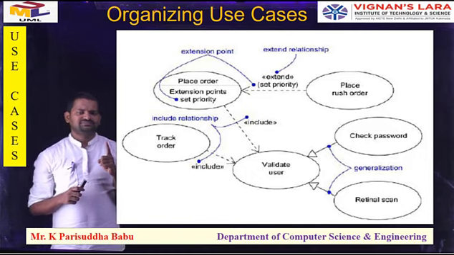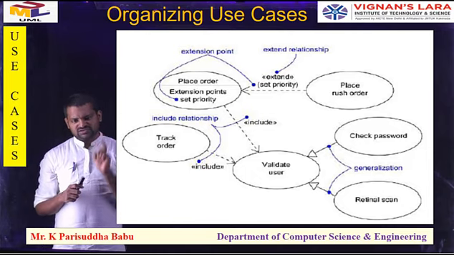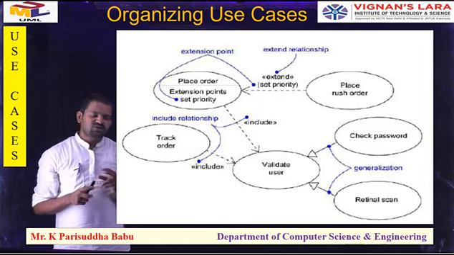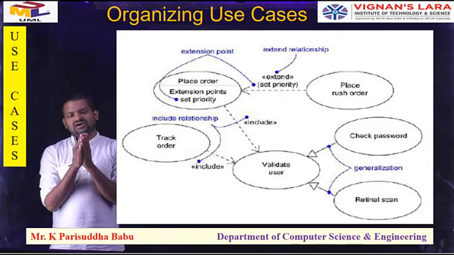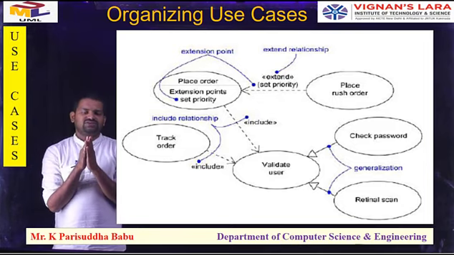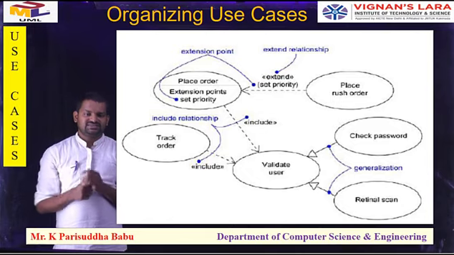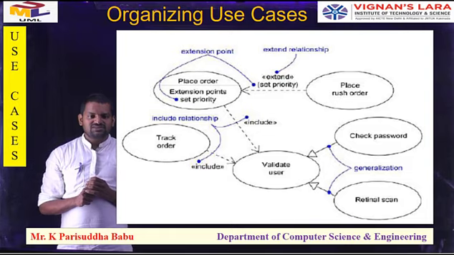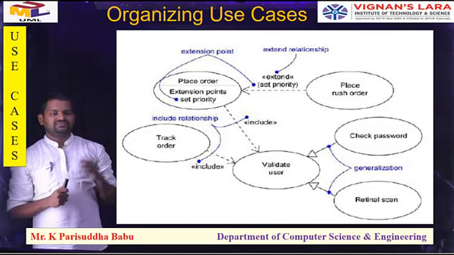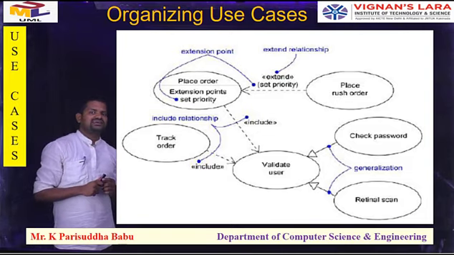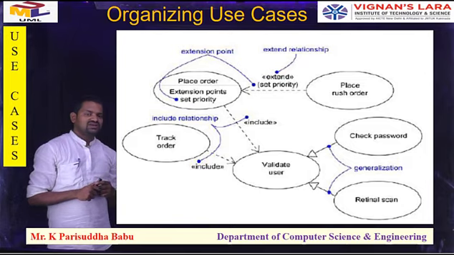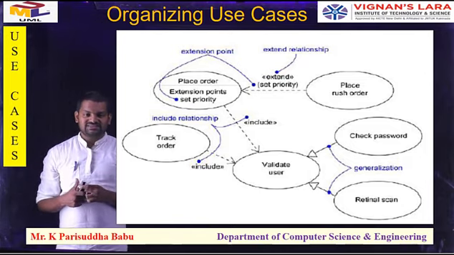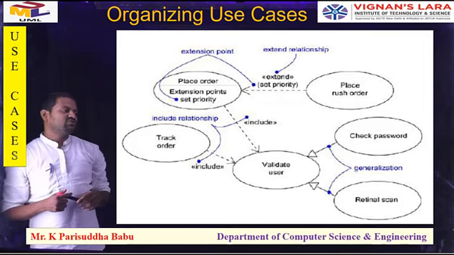The first is the include relationship, the second is the extend relationship. Include and extend are both very useful relationships in use cases. Between place order and set property we use an extend relationship, and from place order to validate user and track order, we use an include relationship.